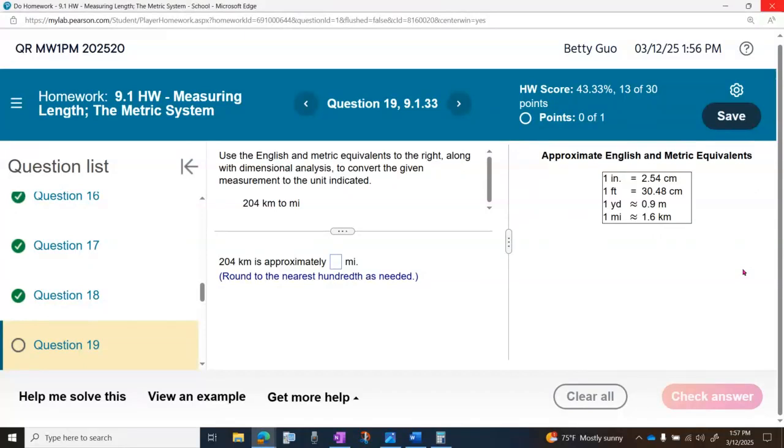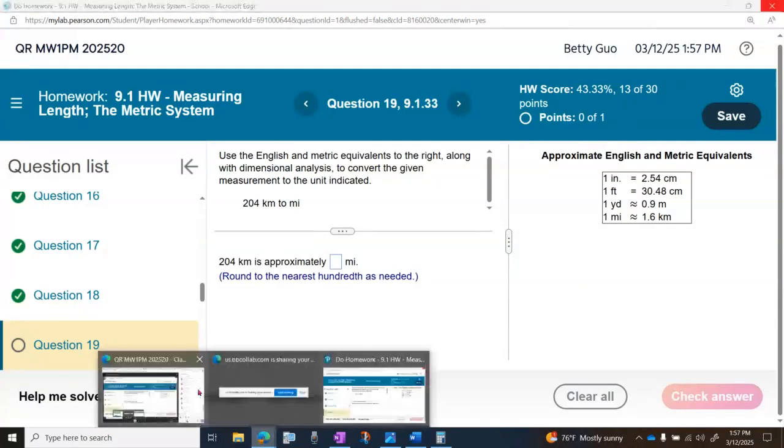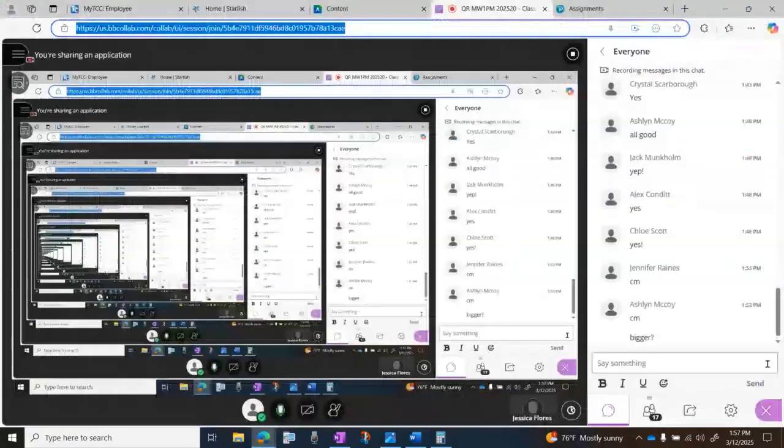Between a mile and a kilometer, compared with a kilometer, is a mile a bigger unit or a smaller unit? Yes. Thank you, Ashlyn. That's awesome. It's a bigger unit. How do you know?